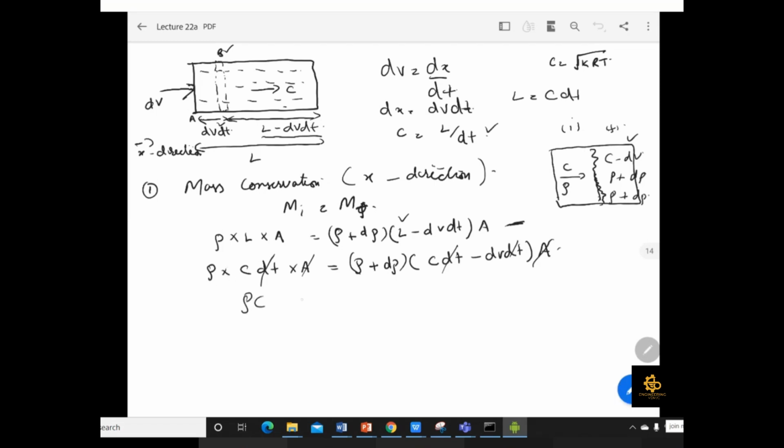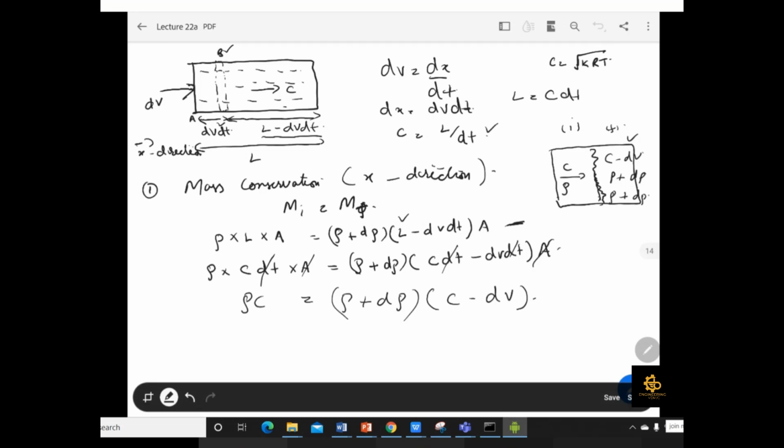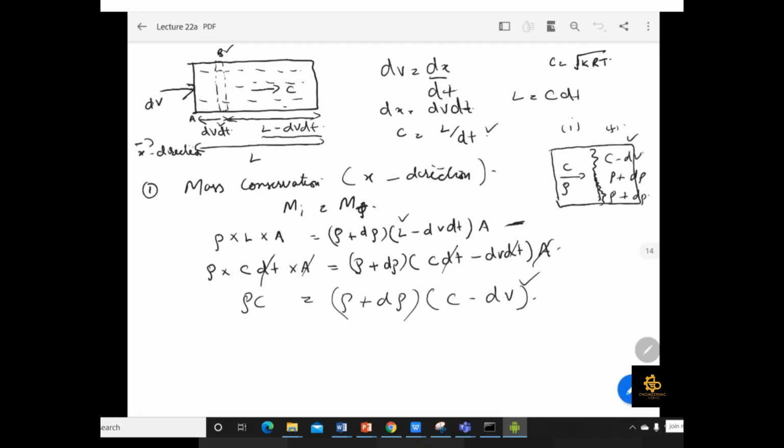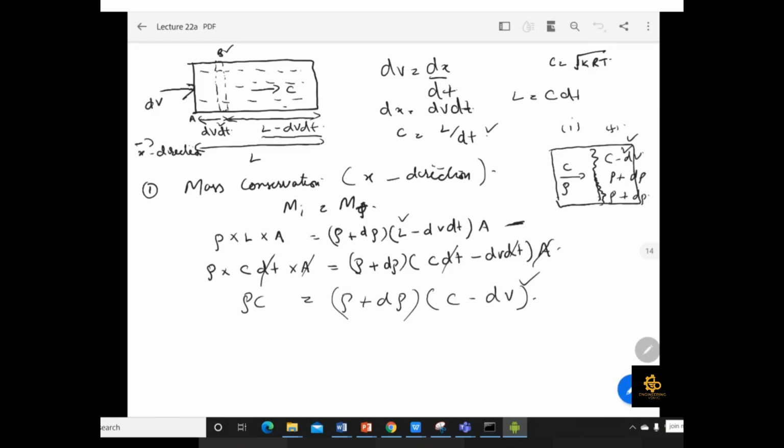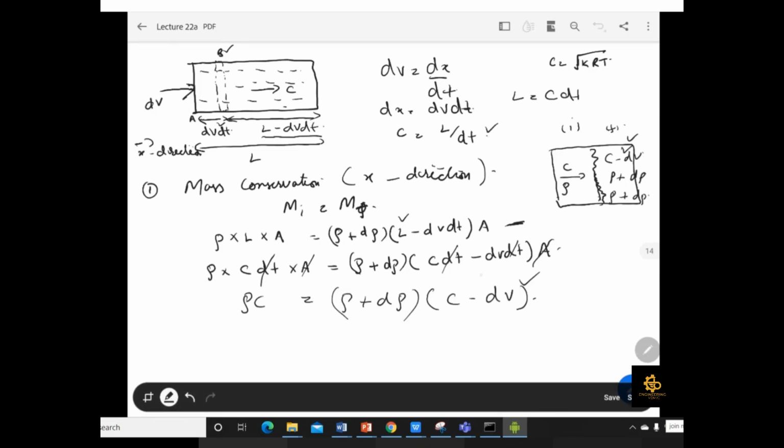So rho c is equal to rho plus d rho, change in density, c minus dv. If you notice, the final velocity becomes c minus dv now. The same velocity I have written over there, that after compression the velocity becomes c minus dv.